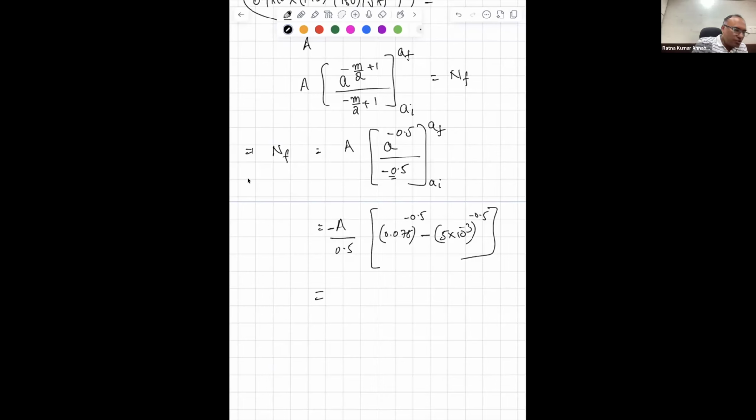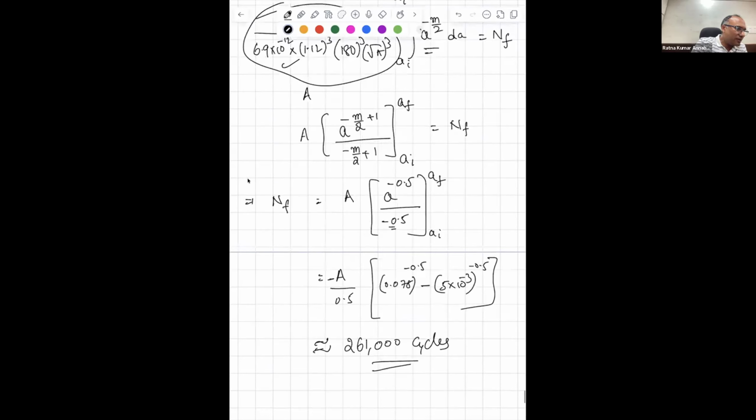If you do that computation, you should get approximately 261,000 cycles. Just do the computation and tell me whether that is the number that you are getting.